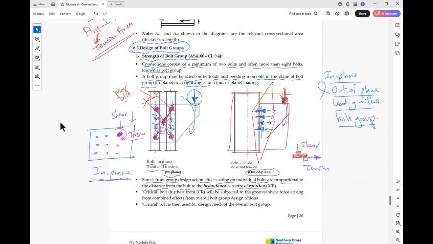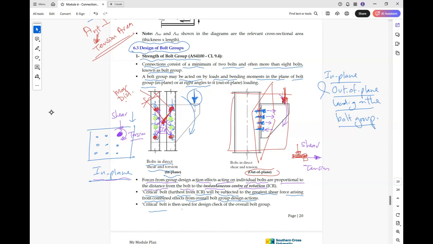But those bolts, for example, will take less load because they are less far from the center. So the idea here is based on the distance from the center to the bolt. The critical bolt, the farthest one from the ICR, will be subjected to the greatest shear force arising from the combined effects of the overall bolt group design action.